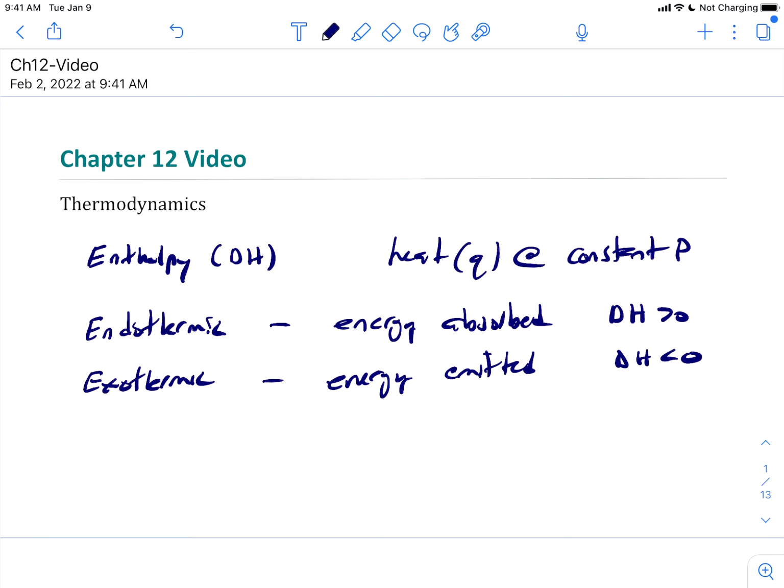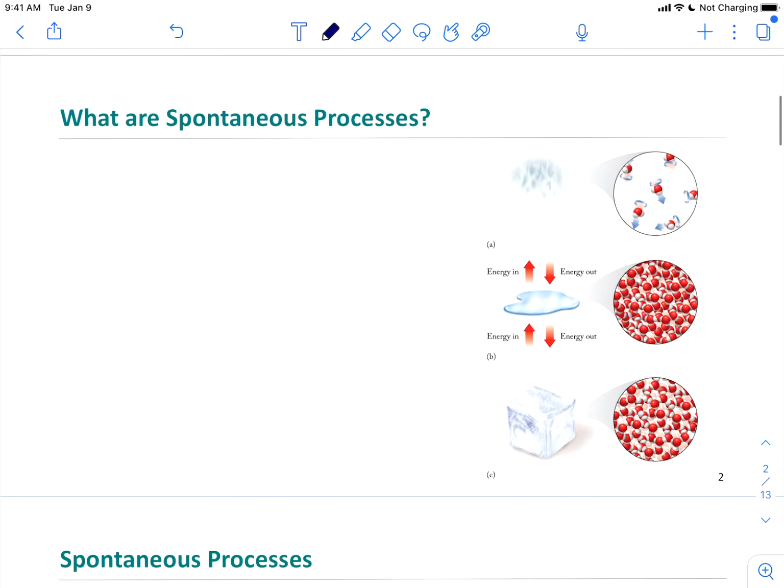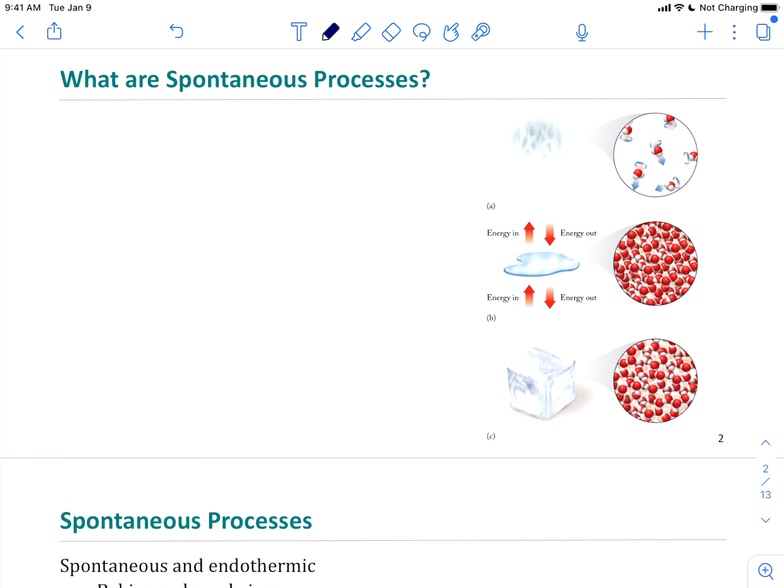Okay, so your book starts out by talking a lot about spontaneity, spontaneous processes. So the question becomes, what are spontaneous processes? The best way to think about these is that they don't really need any continuous external source to keep them going. Once they get moving, they continue to go.